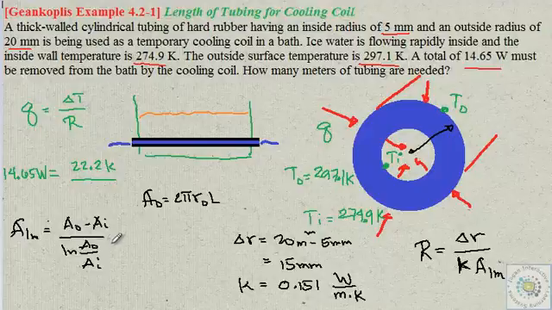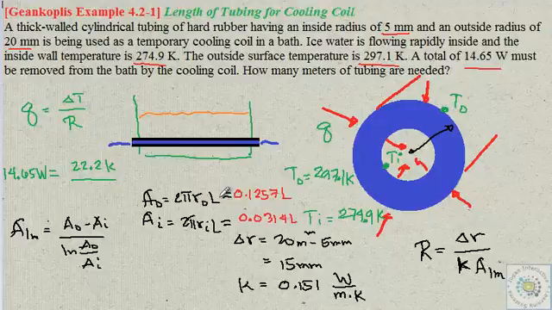And how about AI? Similarly, AI will be 2 pi Ri, the inner circumference, times the length, which we don't know yet. That's L, the total length of the tubing. Substituting values, 20 mm is 20 over 1000, or 0.02 meters.